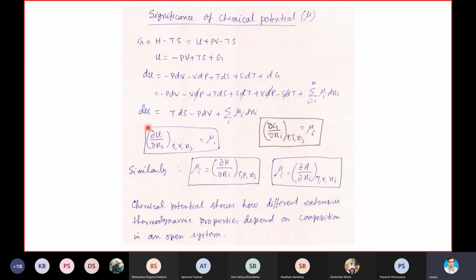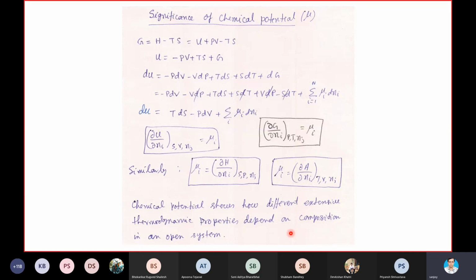So if you write in terms of internal energy, this is the definition. In terms of enthalpy, this is the definition. In terms of Helmholtz energy, this is the definition. Gibbs energy, this is the definition. So this shows how different extensive properties depend on composition.